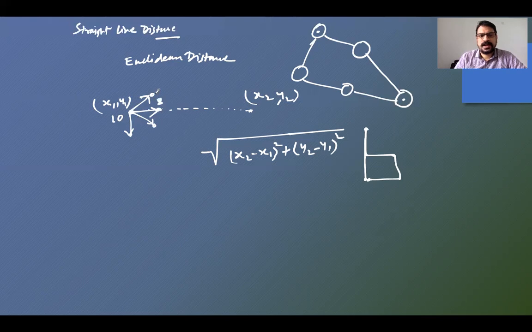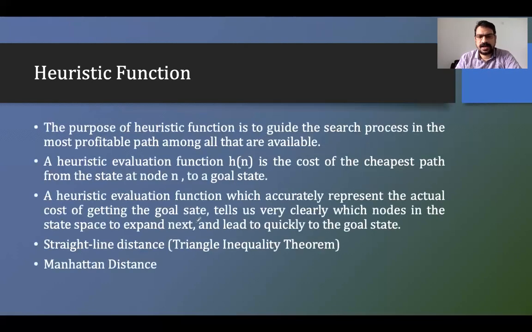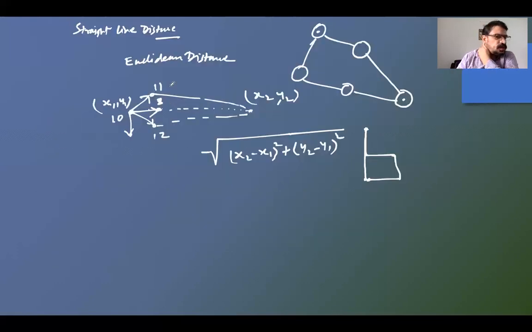From this point, let's say this is 11. From this point, let's say it is 12. Right. So from one point to the goal node, what is the distance? The straight line distance will be calculated using different methods, like the triangle inequality theorem or Euclidean distance, and we can find some value.